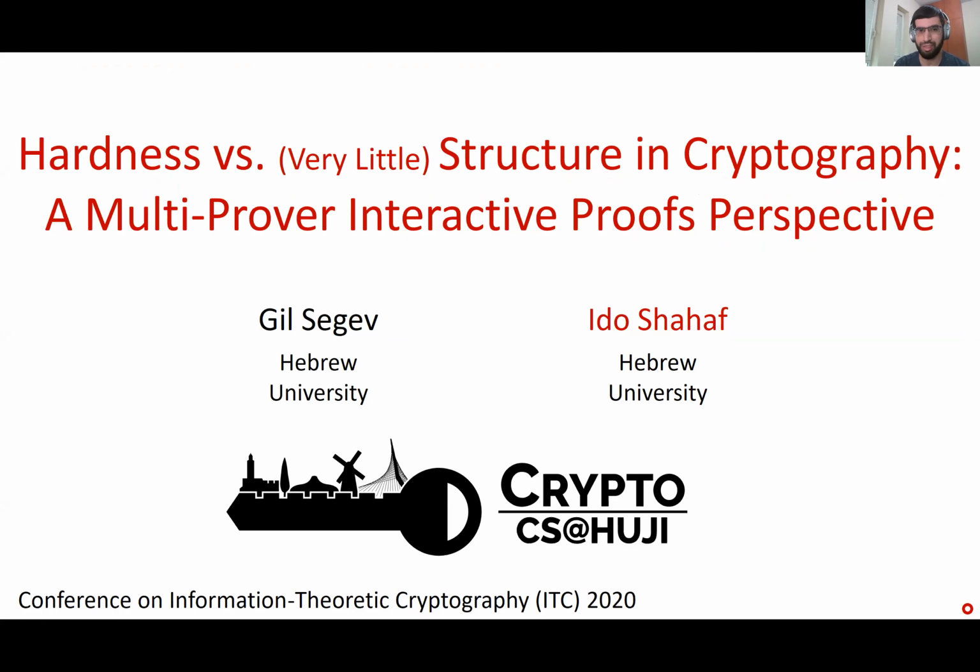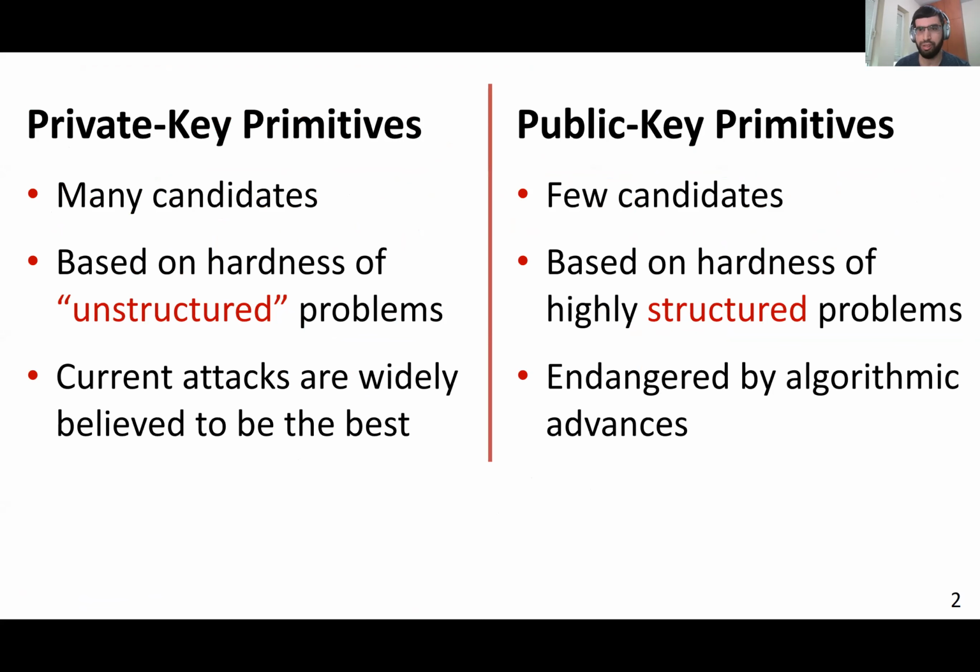This is a joint work with my advisor, Gil Segev. So a starting point for our work is the striking difference between public key primitives and private key primitives, where for private key primitives, we have many candidates, and oftentimes their security is based on the hardness of problems with not much structure, and as a result, current attacks are believed to be nearly the best.